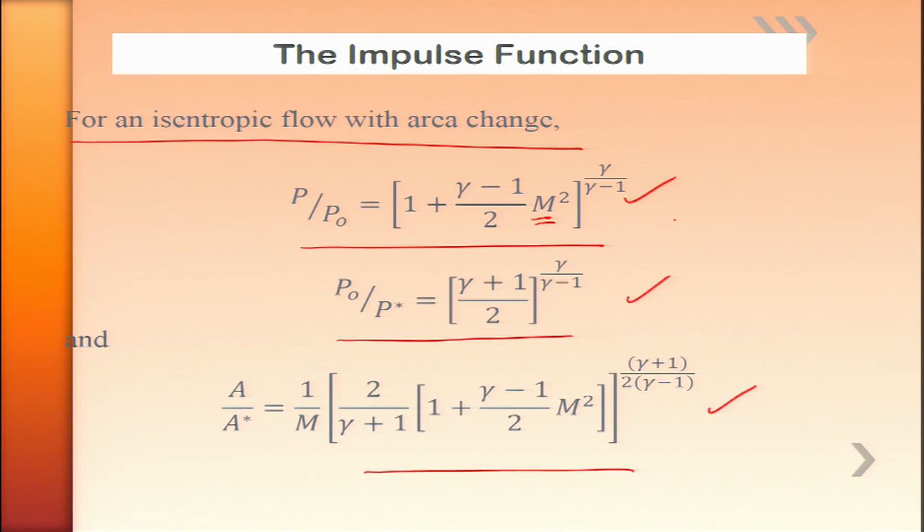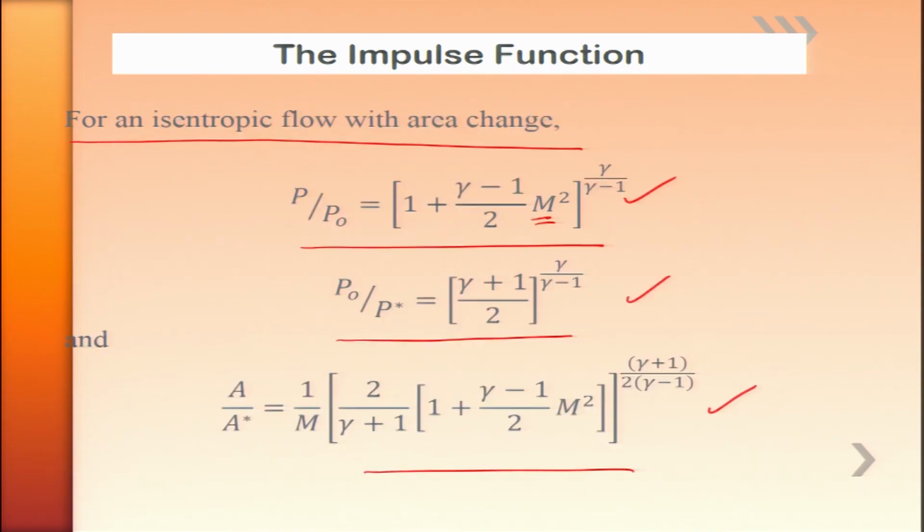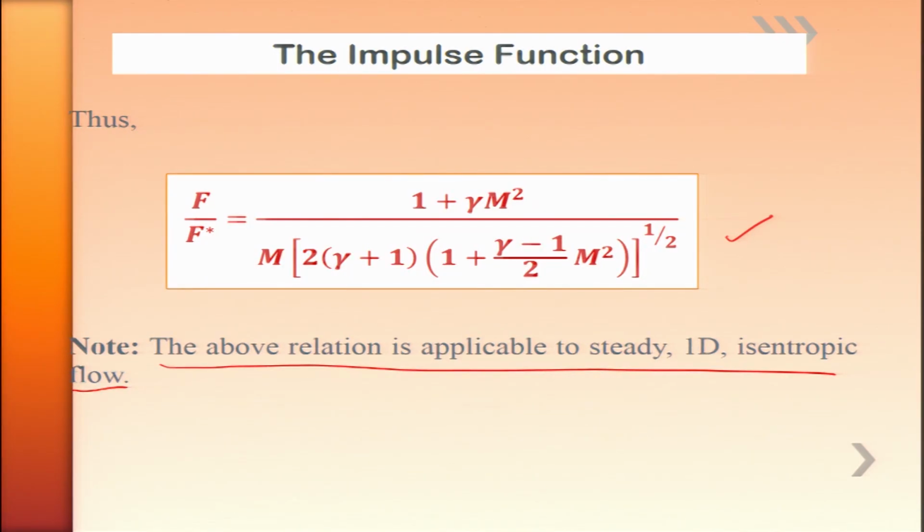Introducing these three relationships in the previous f by f star, the impulse function, we will obtain the equation something like this: f by f star equals 1 plus gamma m square upon m times the square root of 2 into gamma plus 1, times 1 plus gamma minus 1 by 2 m square, to the power 1 by 2.